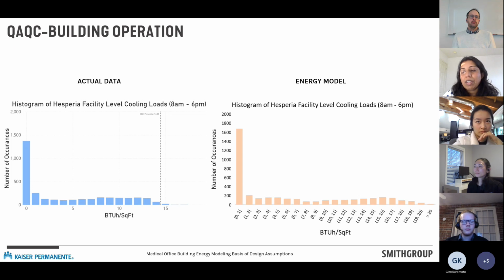The energy model does show the same thing, and the rest of the bins also suggest that at higher loads we are operating very few hours, and at lower loads we are operating more hours. And again, what we wanted to show here is that the curve is the same between the actual data and the energy model data.